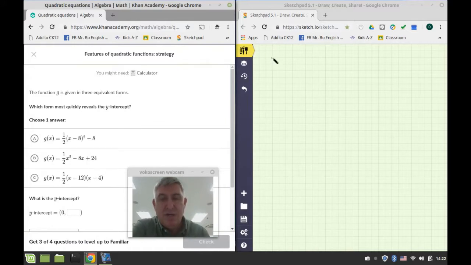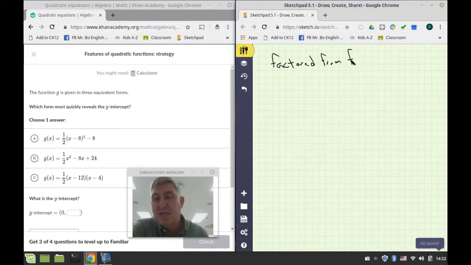We've done 3 forms, okay, and the first form that we did was the factored form, and that looks like f of x is equal to a times something times something, and it may be 2x or 3x.